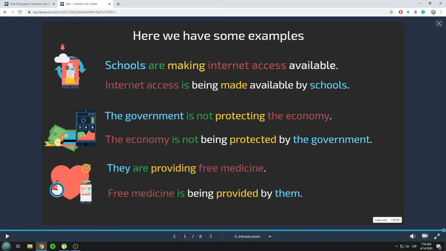We always put being and the verb to be together. Provided is the past participle. Provided by them. To be honest, we don't really need this. It could easily be just free medicine is being provided, and that's it. Who's them anyway? It is not always necessary to put by something.